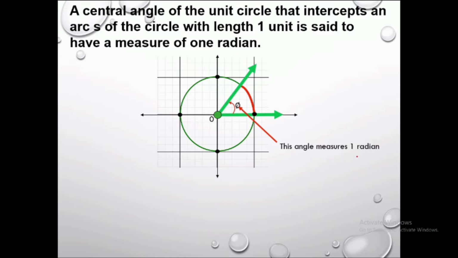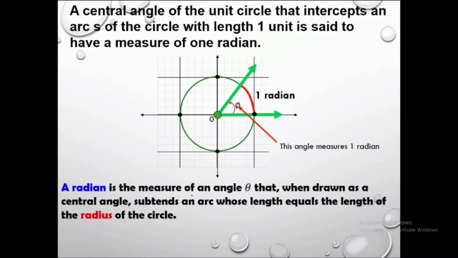This angle measures 1 radian. A radian is the measure of an angle theta that, when drawn as a central angle, subtends an arc whose length equals the length of the radius of the circle. So, 1 radian equals 180 degrees over pi, approximately 57.3 degrees.